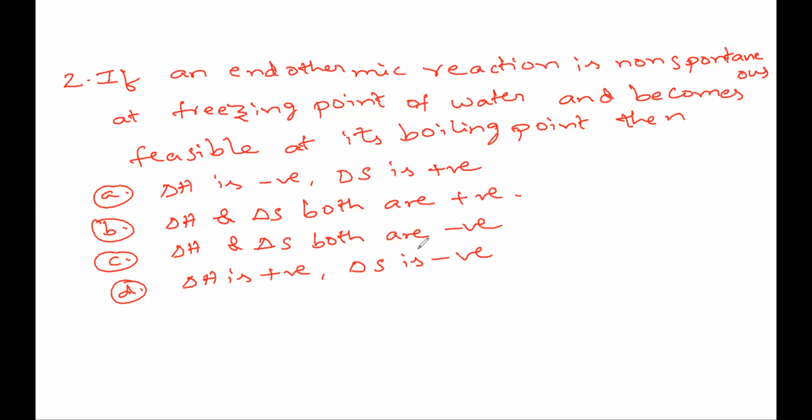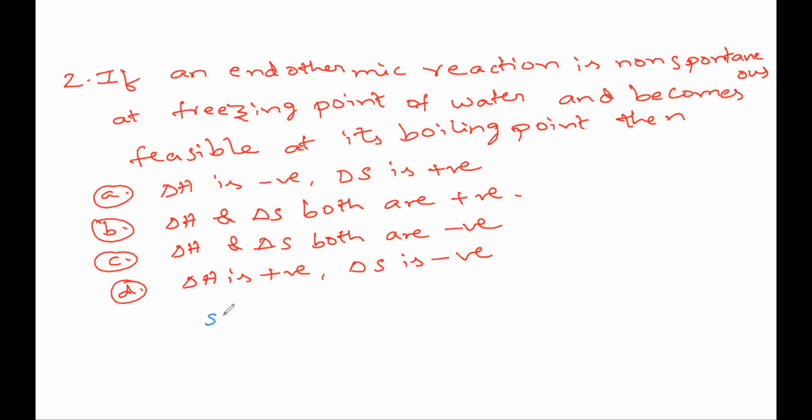So if an endothermic reaction is non-spontaneous at freezing point of water and becomes feasible at its boiling point, then what is the condition? So in this condition, at low temperature, I'm writing the answer.